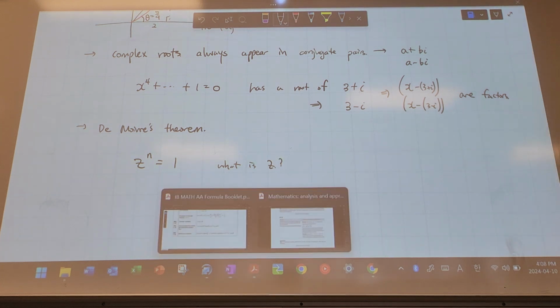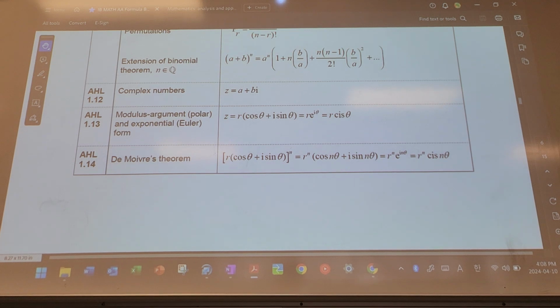I just want to point that out because you see the theorem, and then you're like, what is this used for? And the main part, I'm going to explain on the formula booklet here, is that on the first line, on the left hand side, you just see z to the power of n, right?